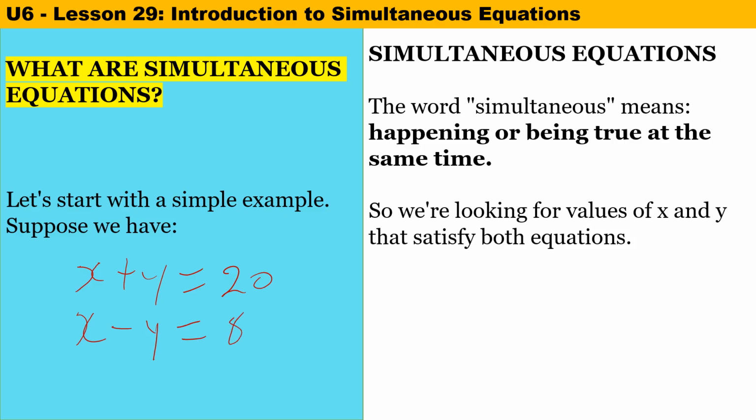This is a simultaneous equation. The word simultaneous means happening or being true at the same time. So we are looking for values of x and y that satisfy both equations. It means that if you found a value for x in this equation, that same value should also go for x in this equation. But let's not scare you. Let's take our time and get into it.